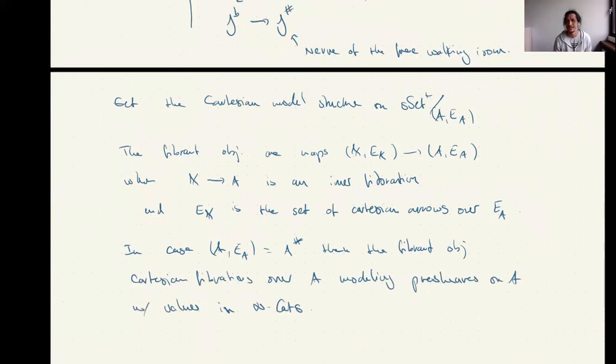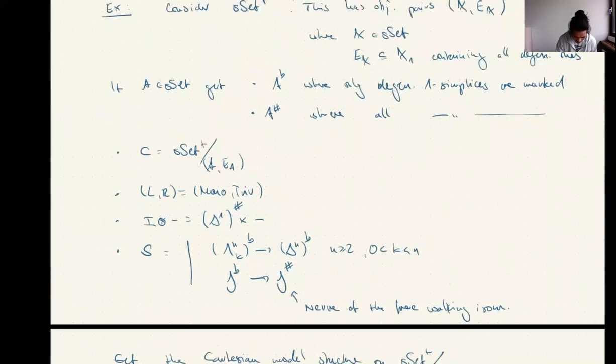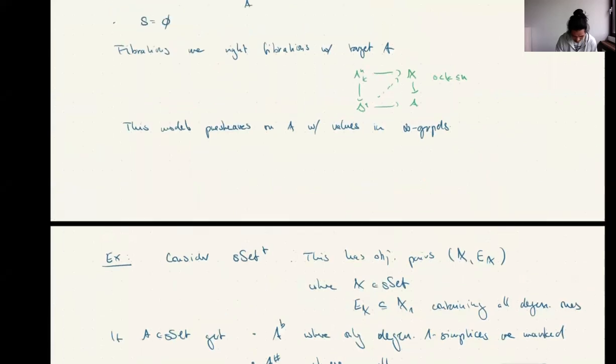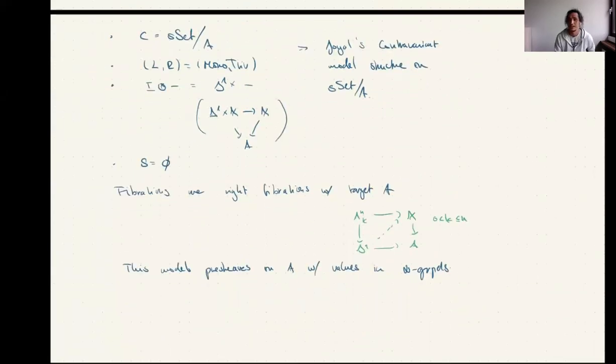So this is the infinity categorical analog of a Grothendieck fibration, and the right fibrations are the infinity categorical analog of groupoidal Grothendieck fibrations.